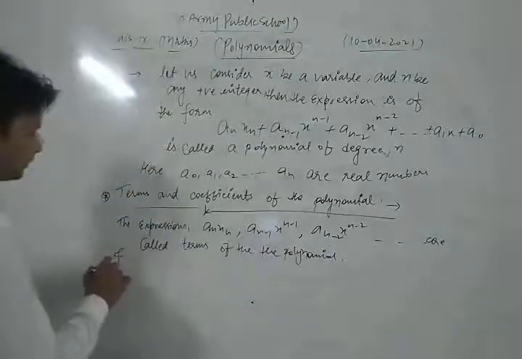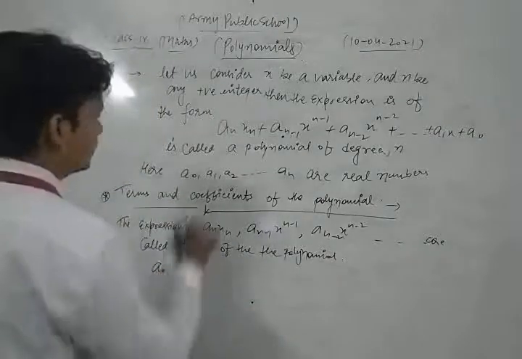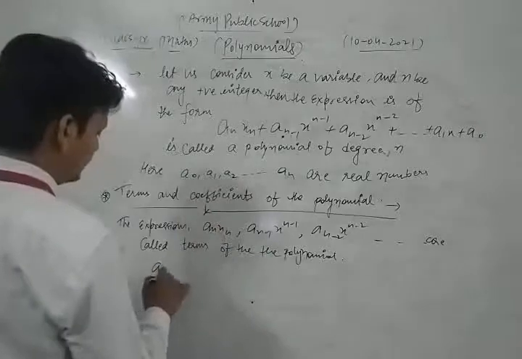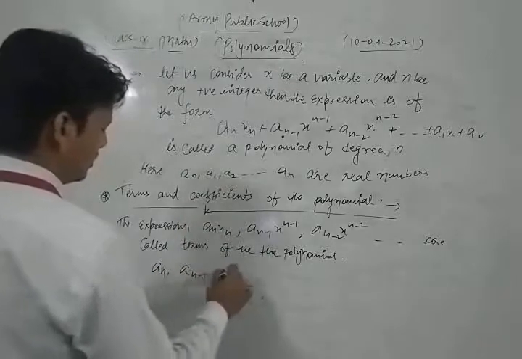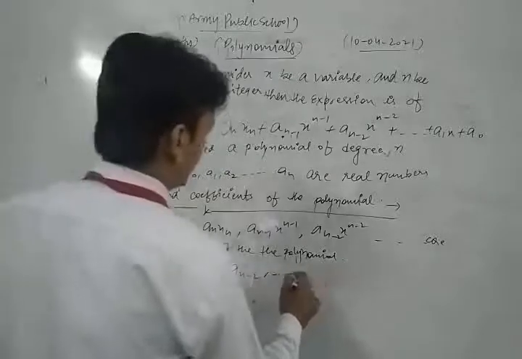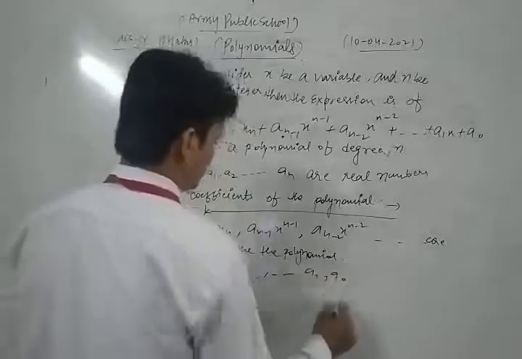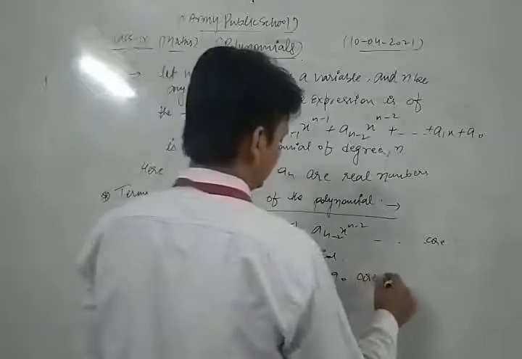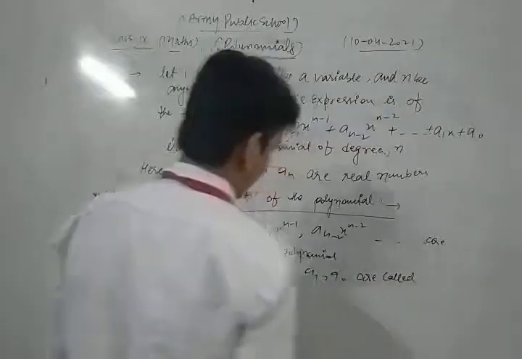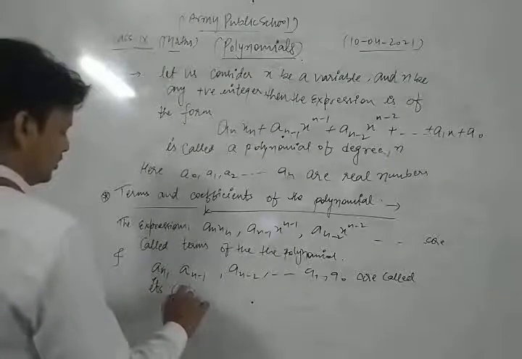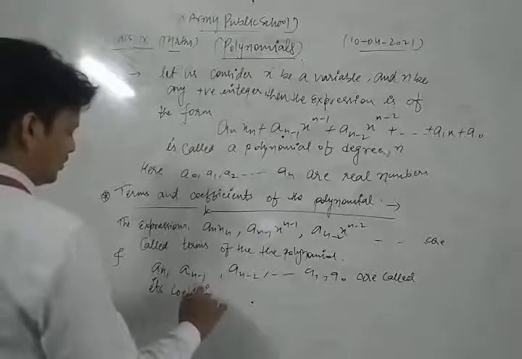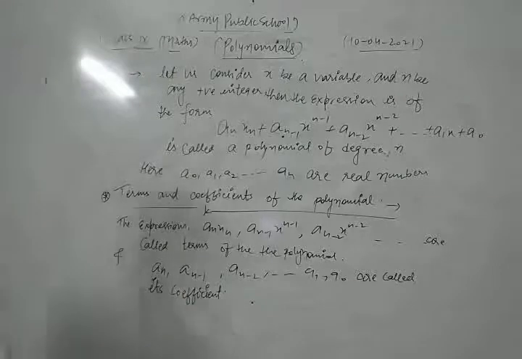And here a_n, a_(n-1), a_(n-2) and so on up to a_0 are called its coefficients.